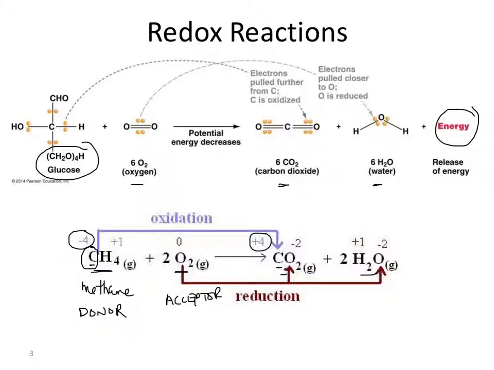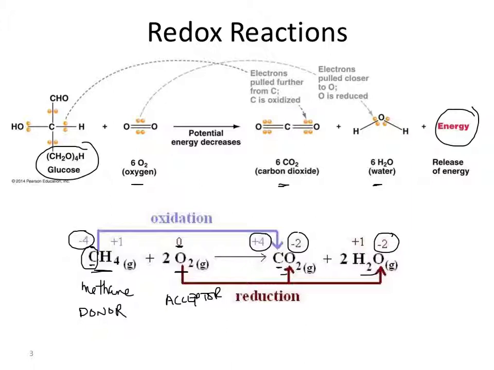It's giving away electrons. The oxygen, in contrast, has gone from an oxidation state of 0 to an oxidation state of -2, regardless of whether it's in CO2 or H2O form. So it's getting more negative, and in order to get more negative, it had to have accepted electrons. And when you accept electrons or gain electrons, you become reduced. So oxygen is the electron acceptor.